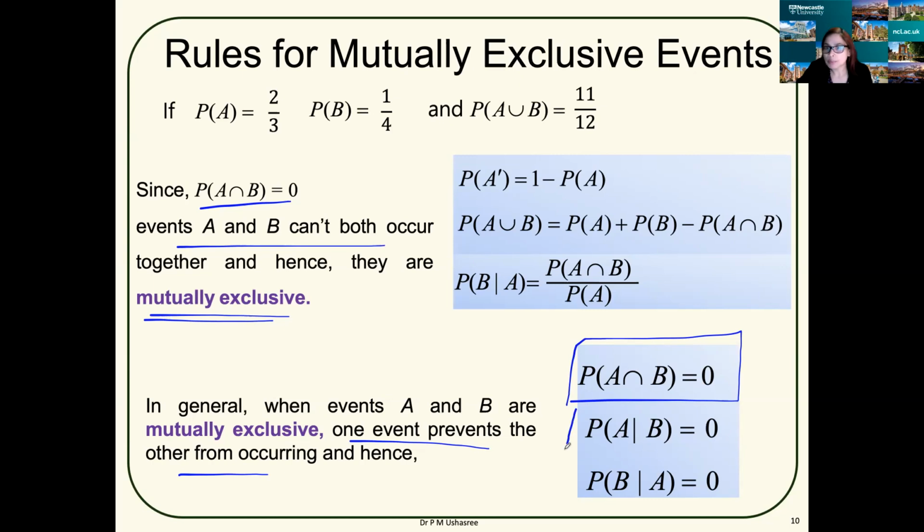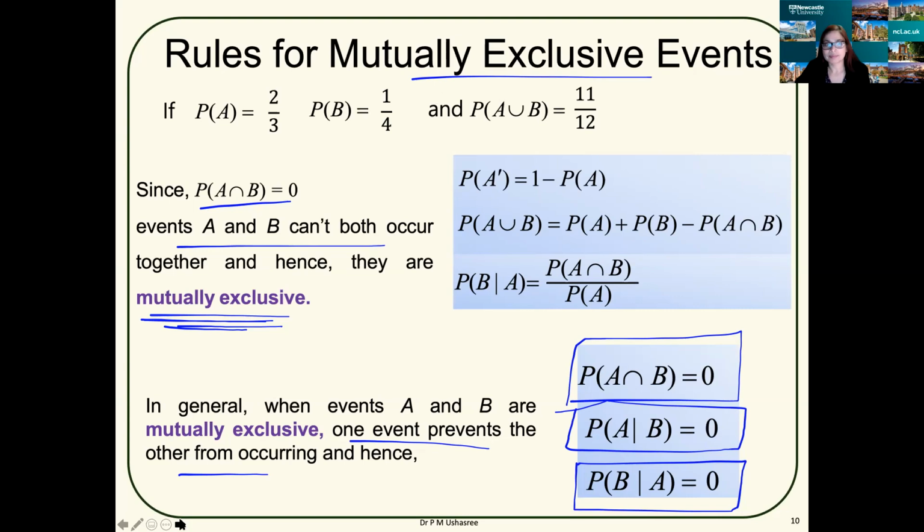Or if we can prove that P of A, given that B has already happened, is 0, then the two events are mutually exclusive. Then if you can prove that probability of B, given that A has already occurred, is 0, then the two events are mutually exclusive. So that's the condition for mutually exclusive events.